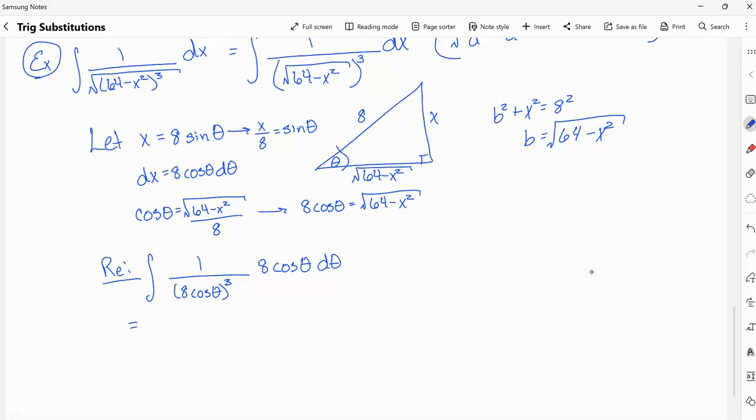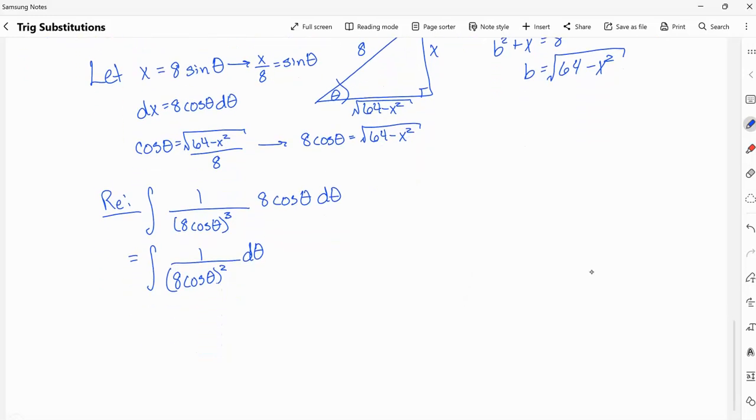We can see those 8 cosine of thetas are going to reduce in this case. So then I'm going to have 8 cosine of theta quantity squared. And that's really 1 over 64 cosine of theta squared, which is the same thing as, let me pull that 1 over 64 out.